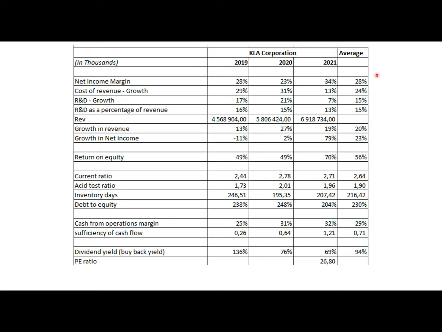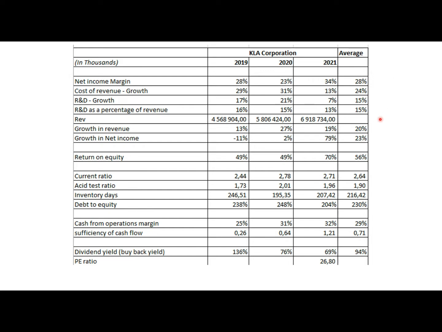On average, at 28%, KLA has slightly outperformed the industry average, which is at 27%. So that's very decent. The dip can be expected considering COVID lockdown restrictions and disruption to the supply chain. So you do expect a bit of a deterioration, but what's very good is this bounce back, this rebound. That is very, very good. That indicates a very, very well run company.